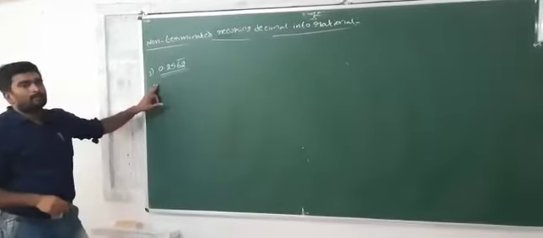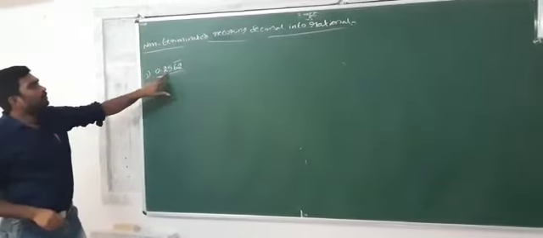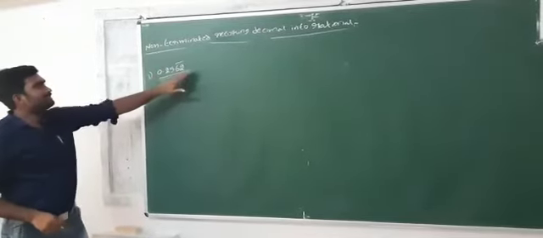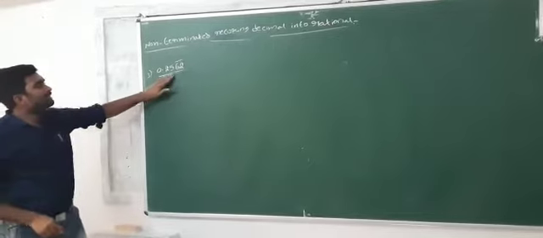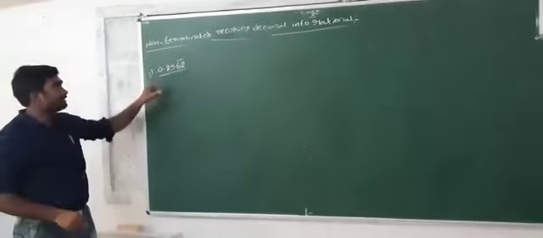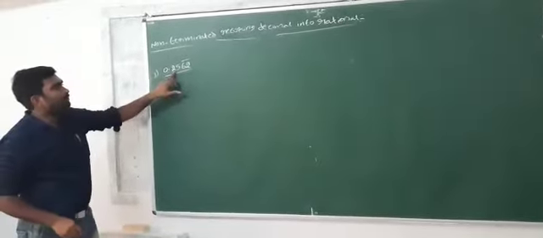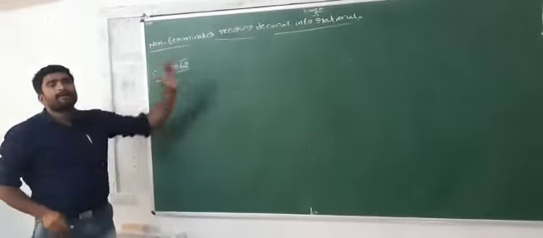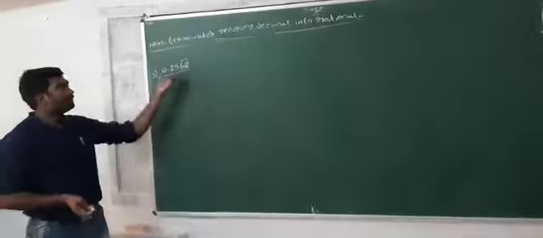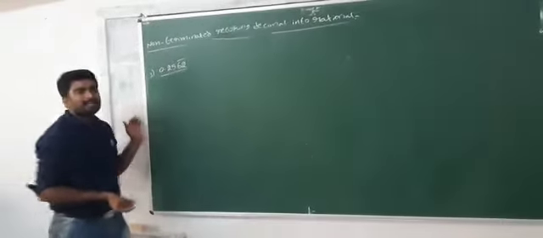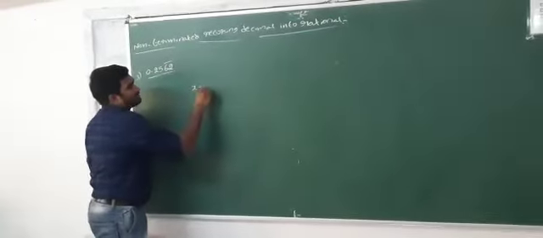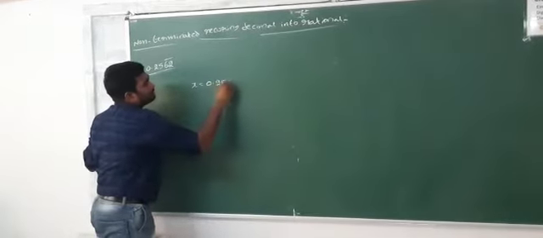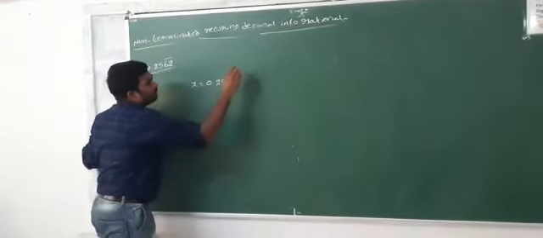For example, 0.2562 bar. This decimal is a mixed recurring decimal. That means after the decimal point, two digits are not repeated and two digits are repeated. First, take the given decimal as x, so x is equal to 0.2562 bar.